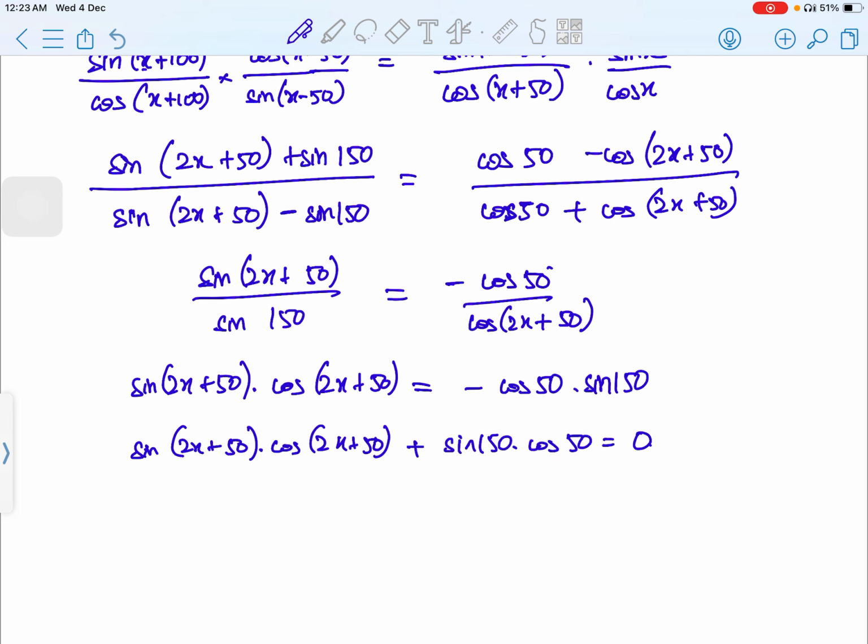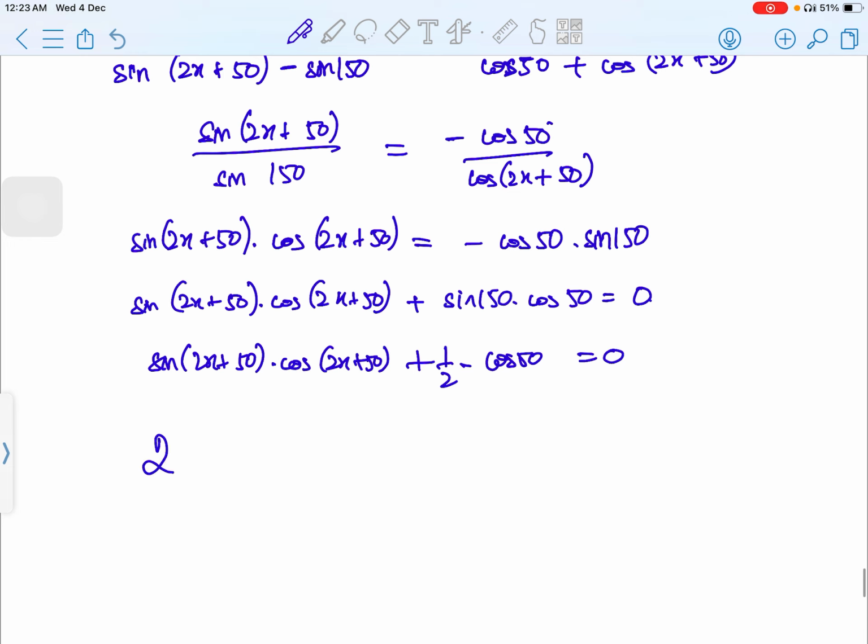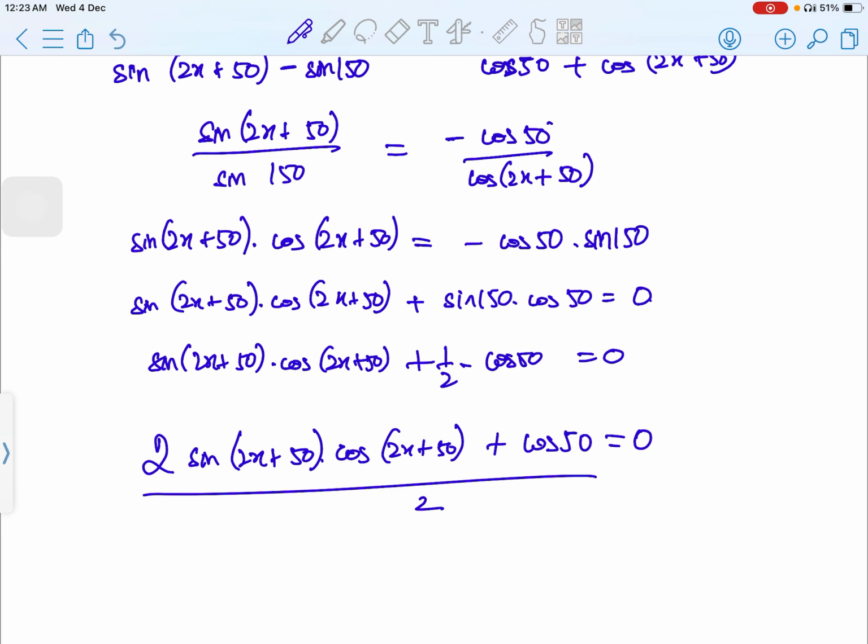What is sin 150? Sin 150 is 180 minus 30, which means sin 30 only. So its value is 1 by 2 times cos 50. So if you take LCM, 2 times sin of 2x plus 50 cos of 2x plus 50 plus cos 50 equals, the by 2 goes to the other side, it will become 0.